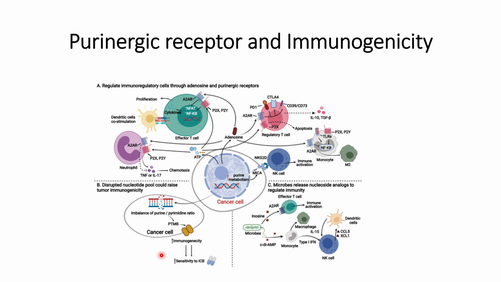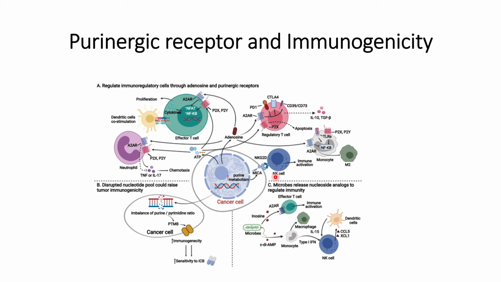This will increase immunogenicity and the sensitivity to immune checkpoint blockade, as it will decrease the amount of regulatory T cells that contain the immune checkpoint ligands such as CTLA4 and PD1. So that will be reduced whenever this high amount of purines is in the extracellular matrix around the cancerous cells.